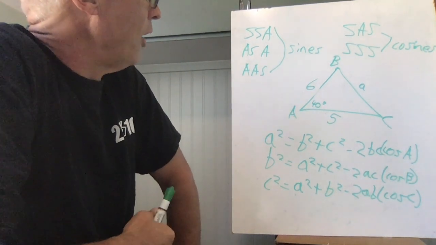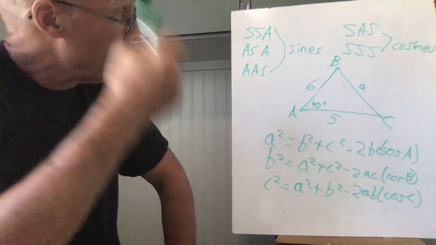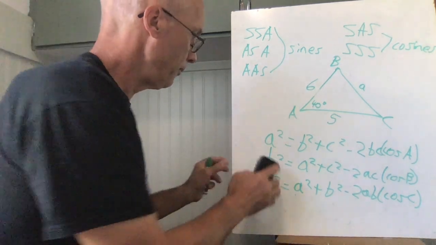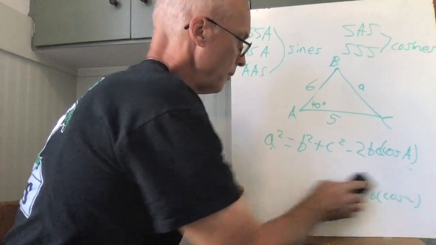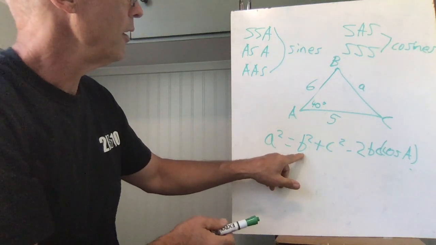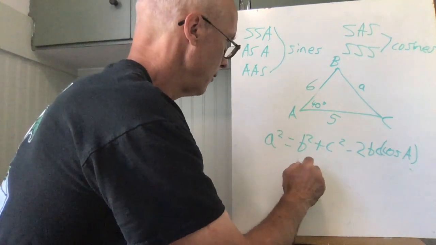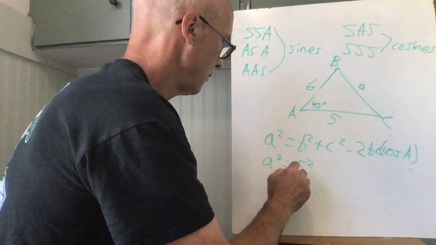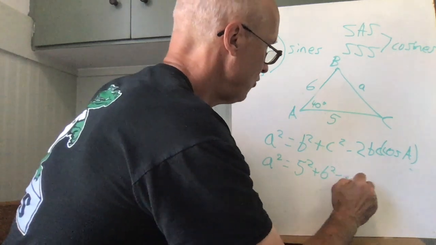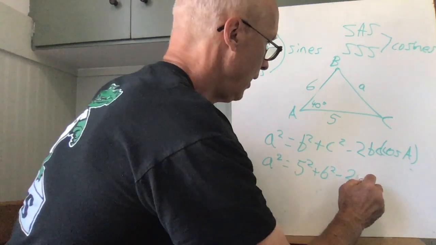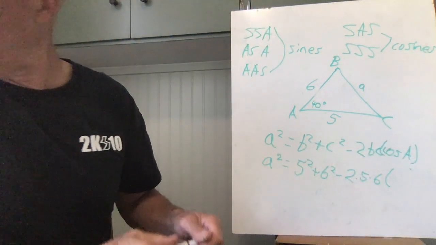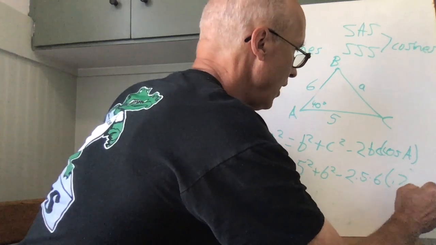Let's not solve everything, let's just do side A. So a squared equals b squared, which is 5, plus c squared, which was 6, minus 2 times b, which was 5, times c, which was 6, times the cosine of A. Cosine of 40 degrees is 0.77.